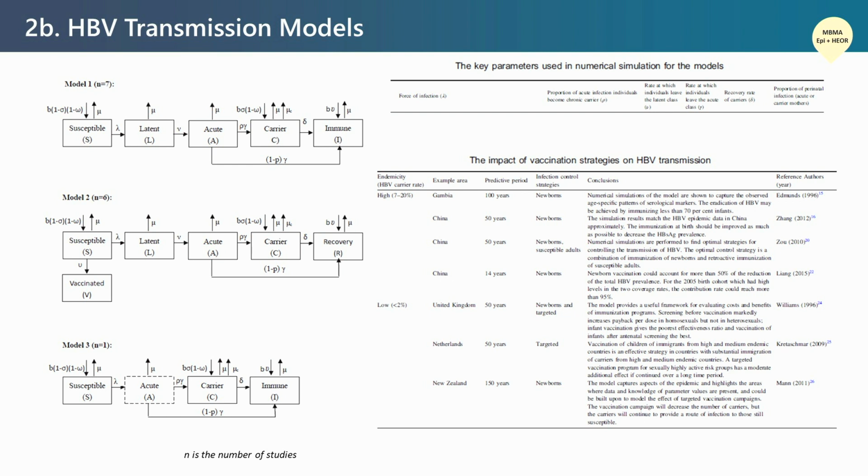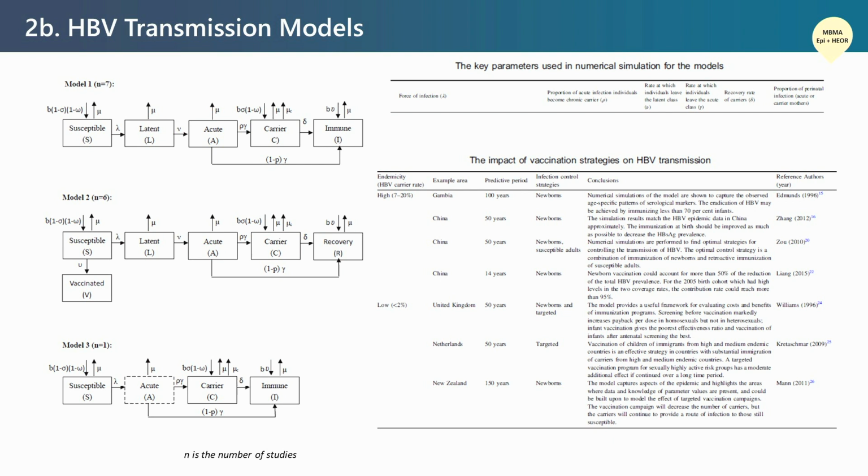Susceptible is denoted by S, at risk of the infections with HPV. Latent L, which is individuals who have been infected but not yet infectious. Acute A are individuals who are in the initial highly infectious stage of HPV infections. Carrier C, people with chronic HPV infection who are infectious or non-infectious to others.